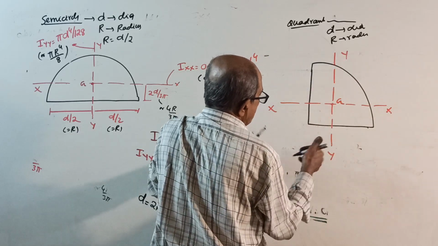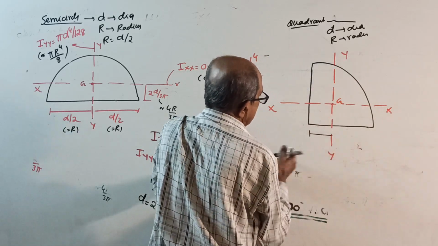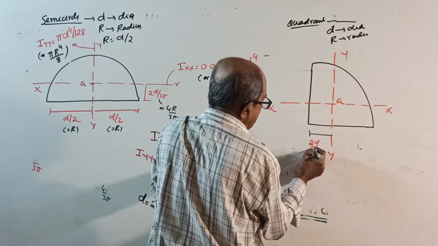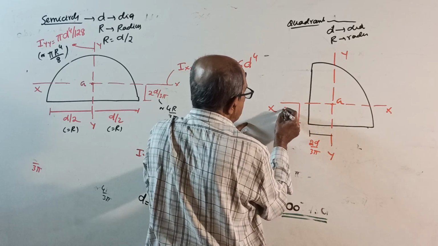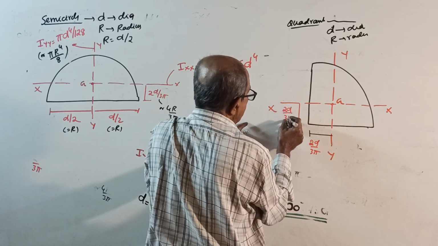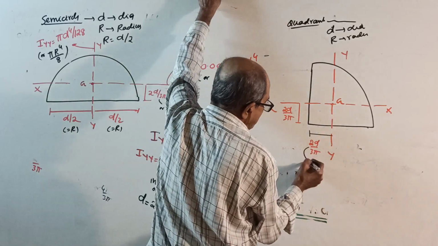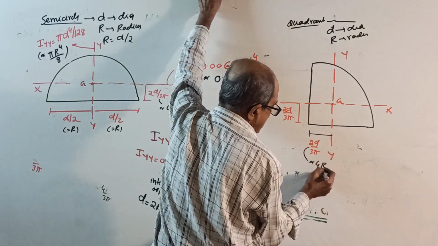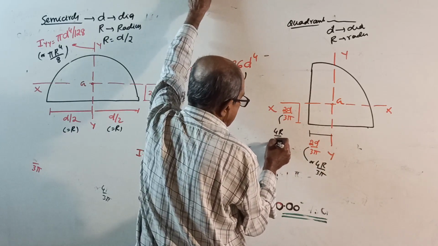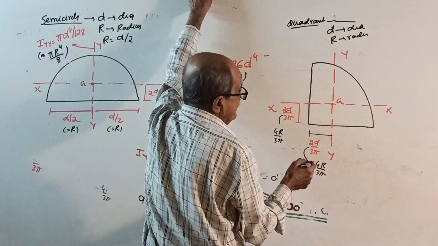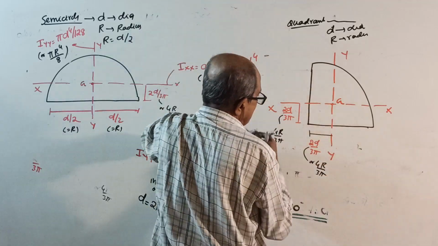If you want this distance, it is 2d by 3 pi, and this also 2d by 3 pi in terms of diameter, or 4r by 3 pi in terms of radius. And that's all. Center is here.